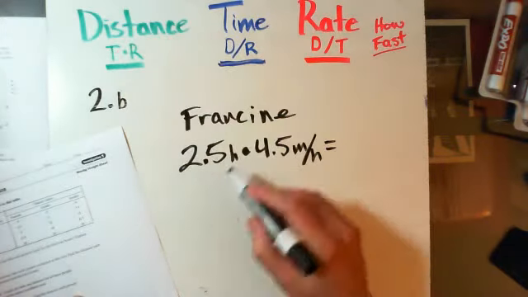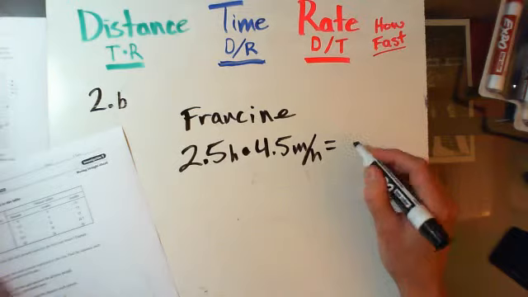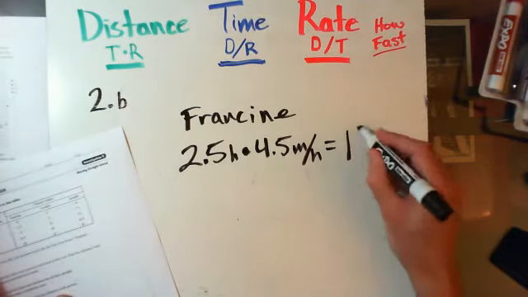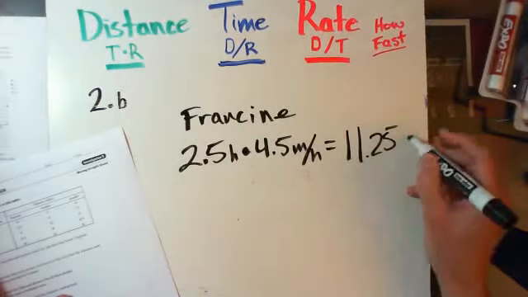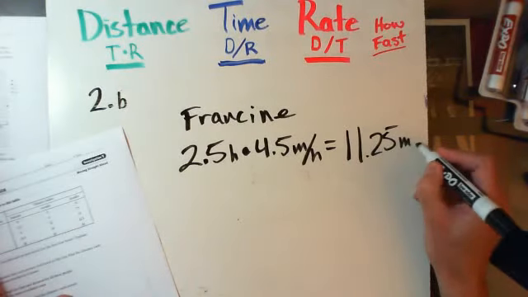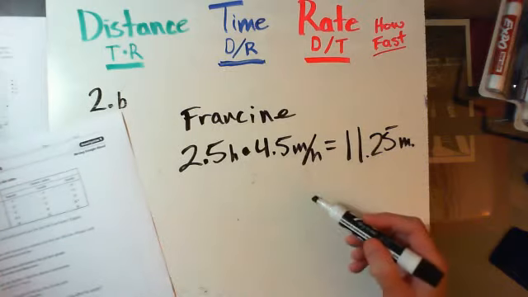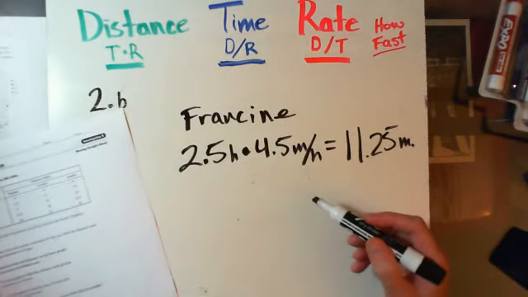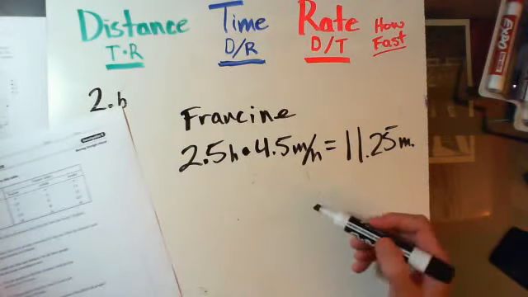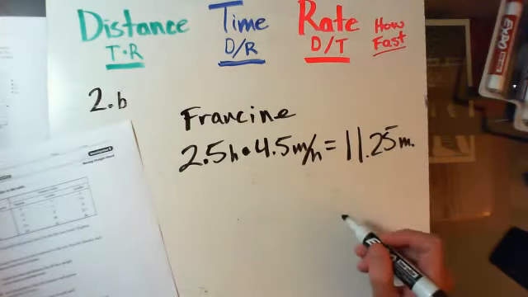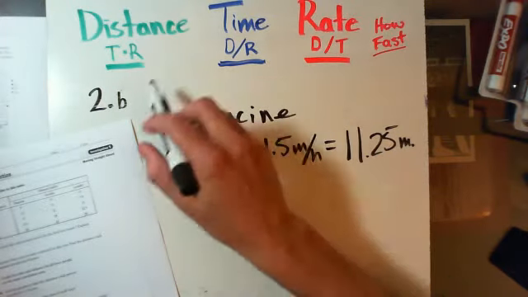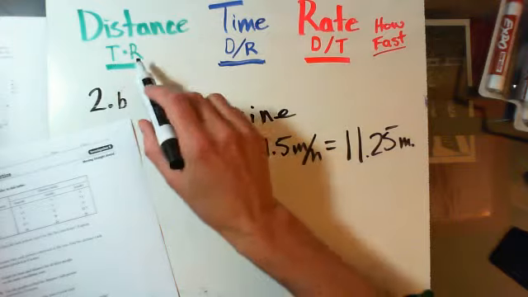The time times the rate will give us the distance, and she should have gone about 11.25 miles. You can figure out the rest in problem 2 by simply doing the math, and use this as a model. But remember, to find the distance, you multiply the time by the rate.